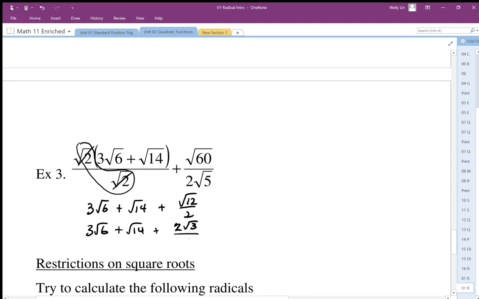And then we have to divide by 2. Those cancel out. We have no like radicals, so that's as far as we can go. We cannot combine anything together because this is counting root 6's, this is counting root 14's, and we have 1 root 3, and none of them are the same, so we cannot combine or count them together. So this is as far as we can go. We have to leave it as such.